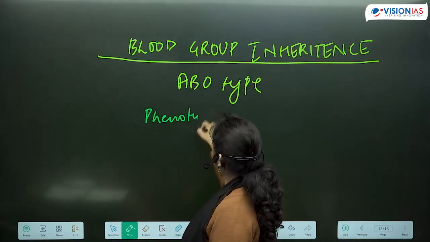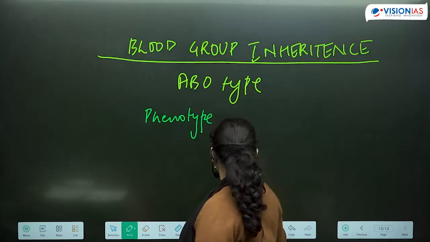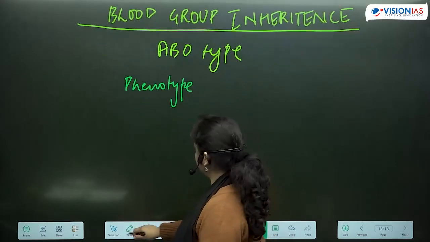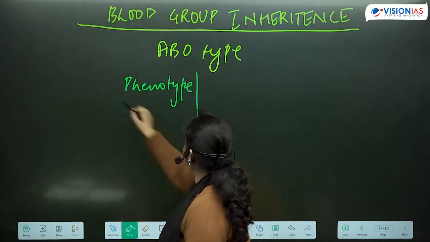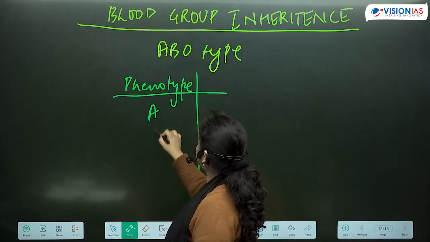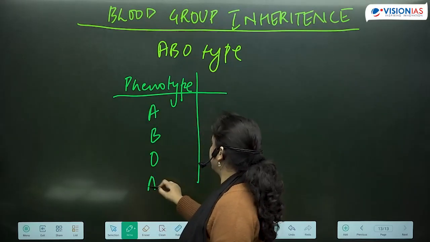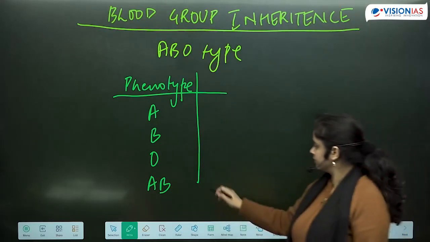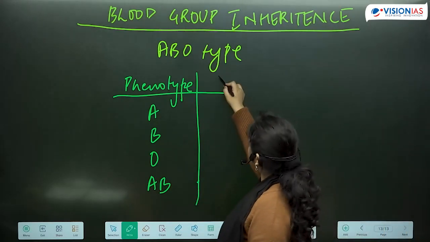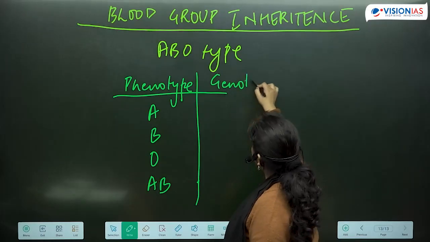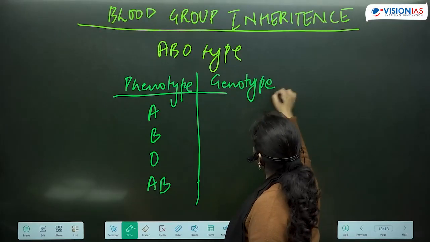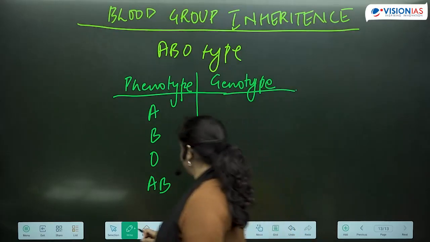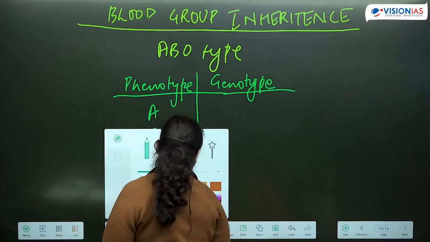So you have phenotypes. The phenotypes here are the different blood groups which you have. So A, B, O, AB, 4 phenotypes, 4 variations. And we will look for what is the gene combination responsible for these blood groups or these genotypes.